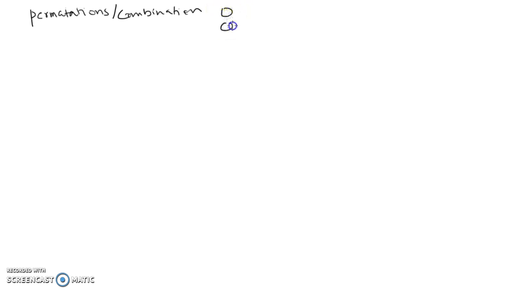The ordering and repetition together give us four different choices. Ordering matters, repetition allowed. Ordering matters, repetition is not allowed. Ordering doesn't matter, repetition is allowed, and ordering doesn't matter, repetition is not allowed as well. So we had seen these two are cases of permutations, and these two are cases of combinations.